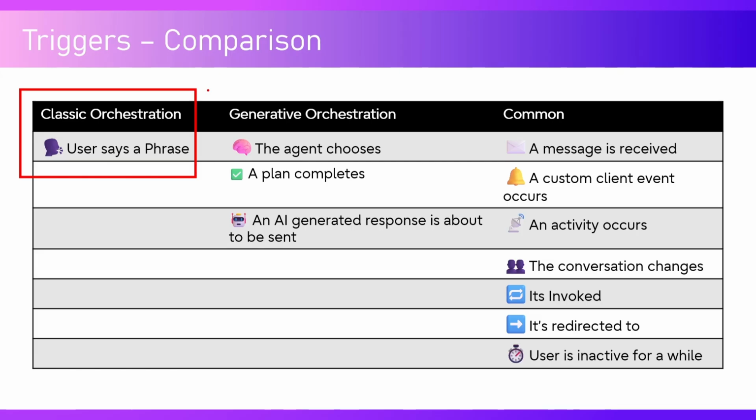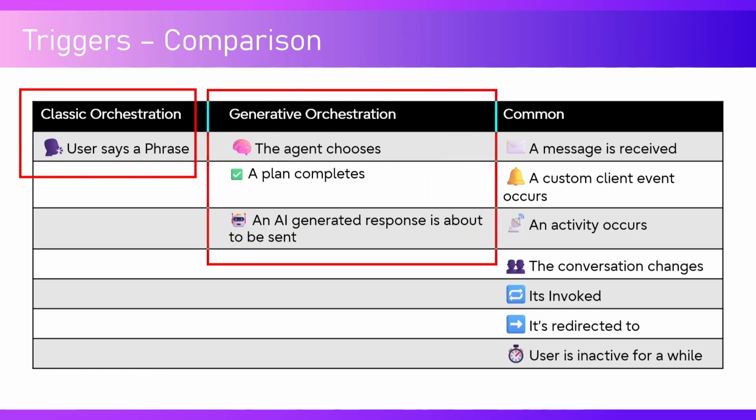If you have an agent which is configured from a generative orchestration perspective, where you use a large language model, you get configurational information from utilizing various models from OpenAI, Azure AI Foundry, or maybe Anthropic, you get an option to select from the agent chooses, a plan completes, and AI generated response is about to be sent.